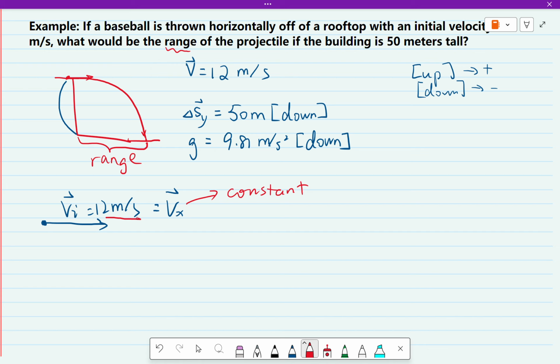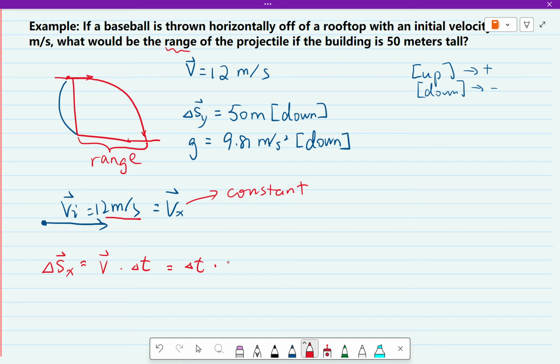So we want to look at the range, which is essentially the displacement on the x-axis. How will we calculate that? This will simply be distance equals velocity times time. This time is just time, but what is this velocity?